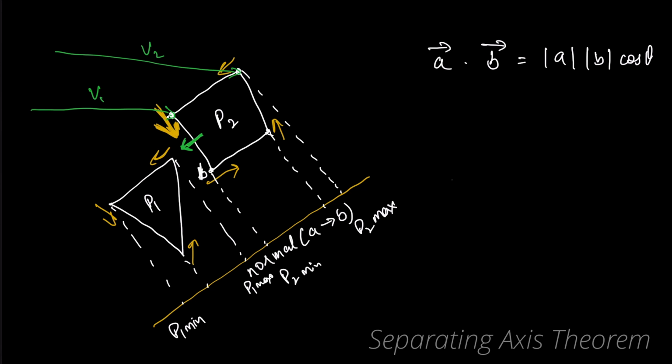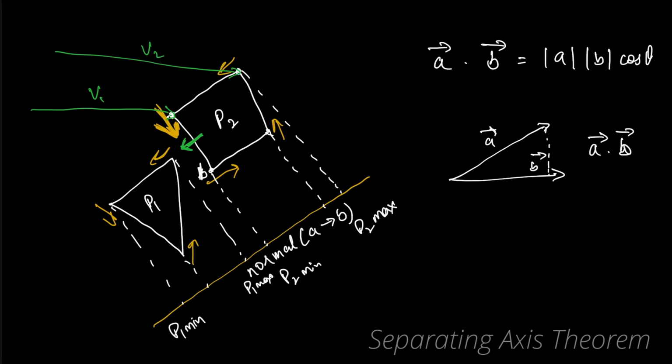So let's say you have two different unit vectors. It's easier to understand. Then basically the projection of A on top of B is simply A dot product B, right?